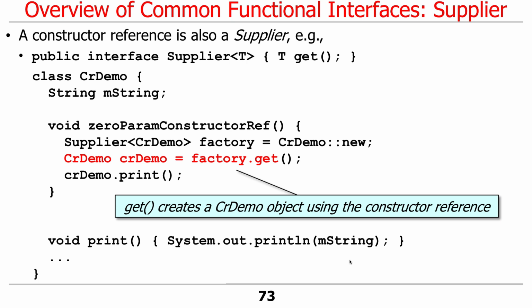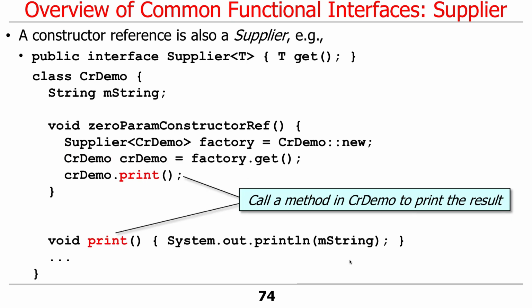So this will make a CRDemo object, which we call crDemo with lowercase c. And then once we've got that, we go ahead and print the results. So print will go ahead and print out this string, which is what would be initialized by all this stuff. So we make ourselves a CRDemo instance, and then we say crDemo.print, and that will go ahead and print things out. OK, so that's a pretty simple example.